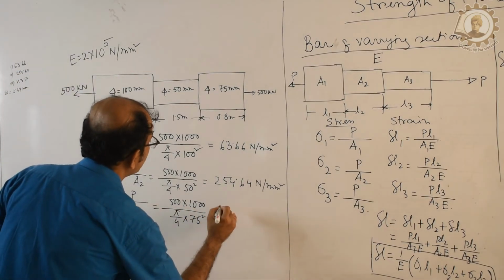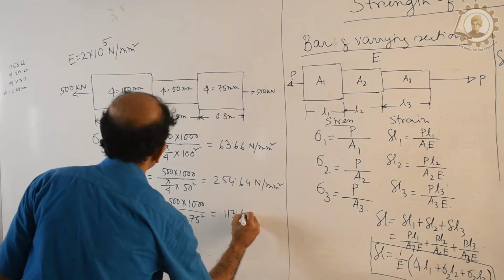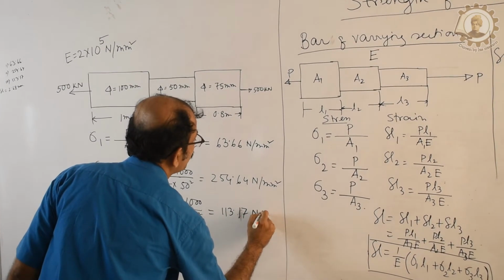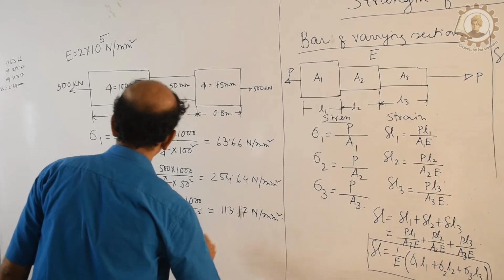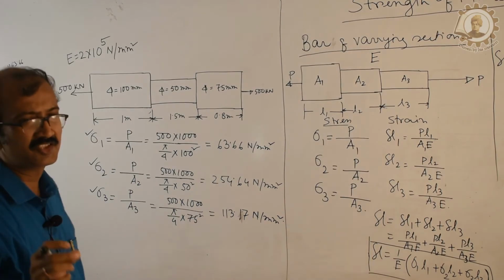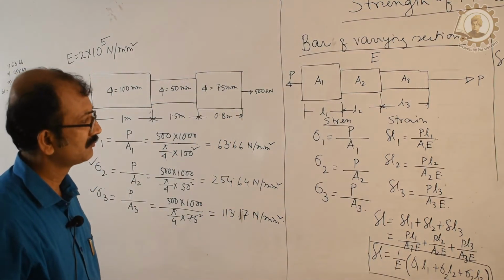Now here the value is 113.17 Newton per millimeter square. So this is the value of sigma 1, sigma 2 and sigma 3, the stress developed in the individual parts.